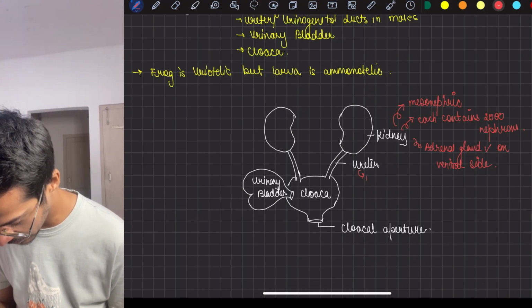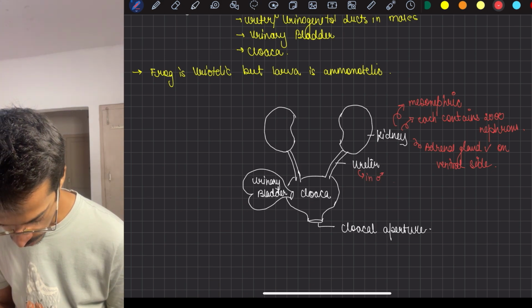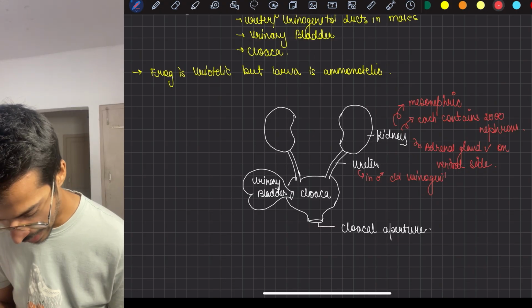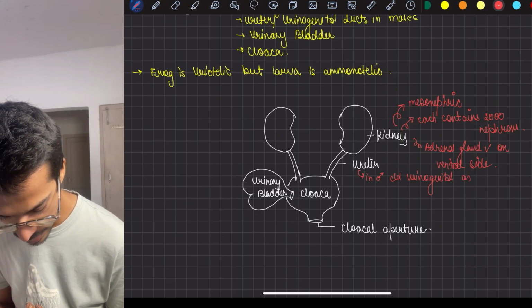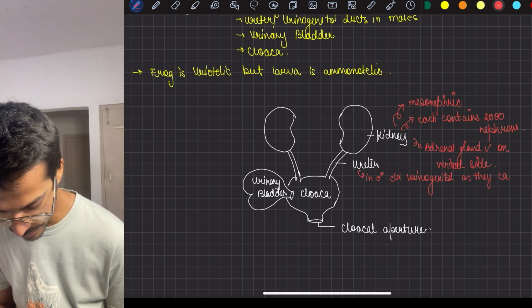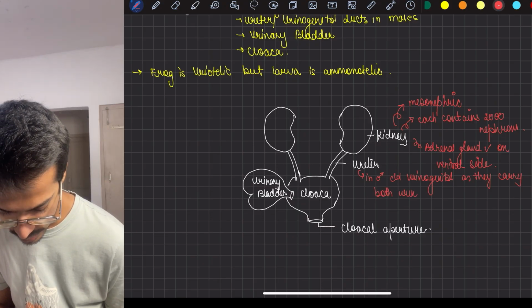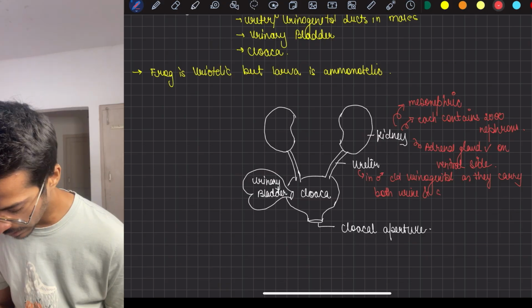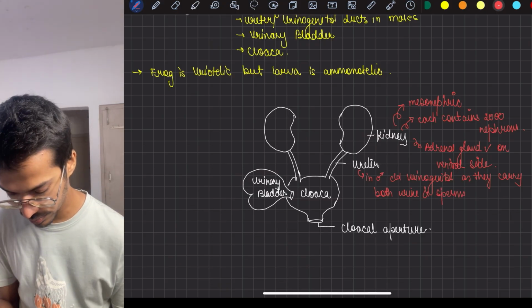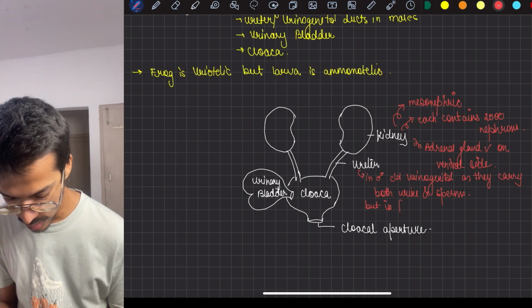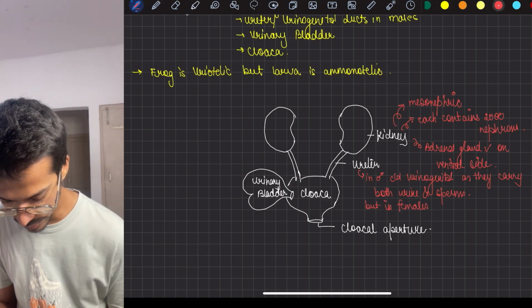In males they are called urinogenital, as they carry both urine and sperms, but in females only urine.